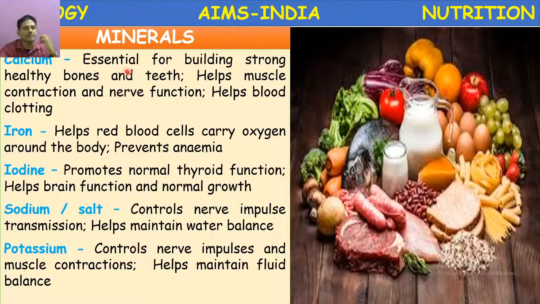And milk and milk products contain calcium. And fresh leafy vegetables like spinach, amaranthus, and cabbage contain iron. The potassium is also present in the fresh leafy vegetables and sprouted seeds.